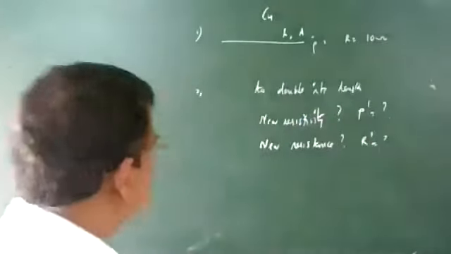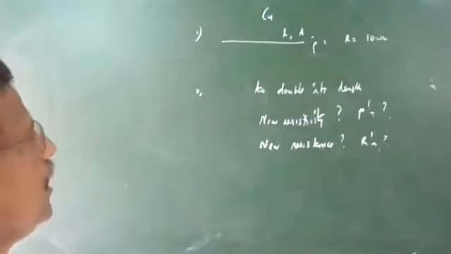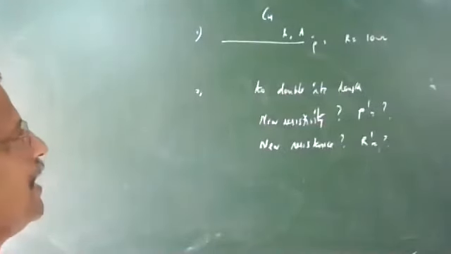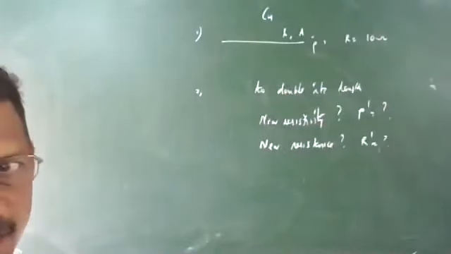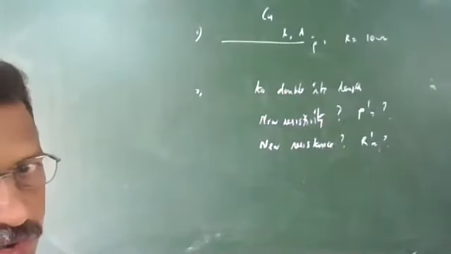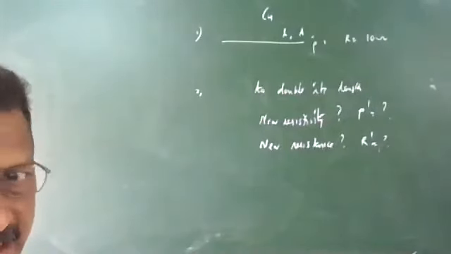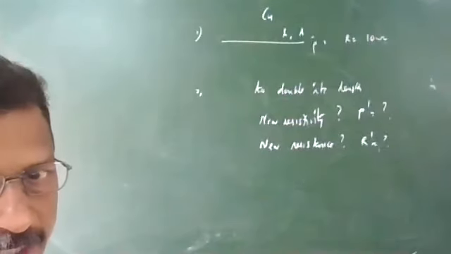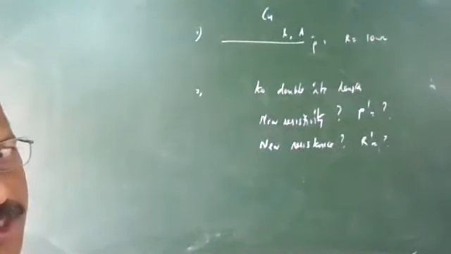You have a copper wire of length L, area of cross section A, and it has a resistance of 10 ohm. It is stretched to double its length. What are the new resistivity and new resistance of it?